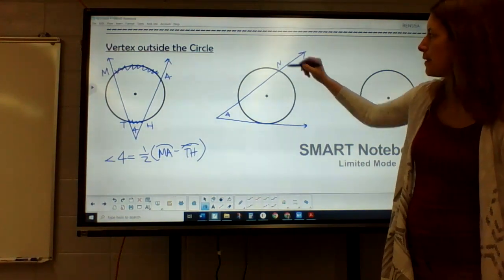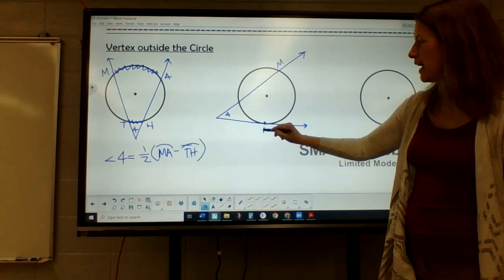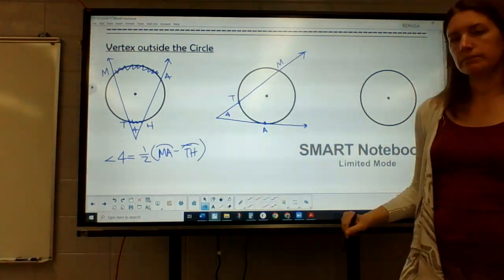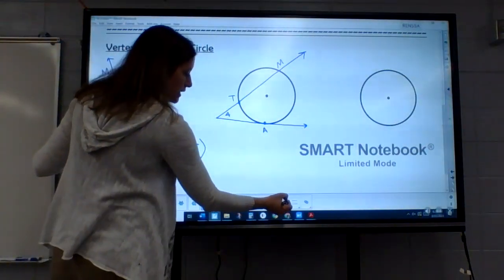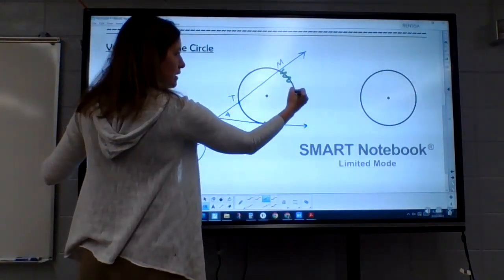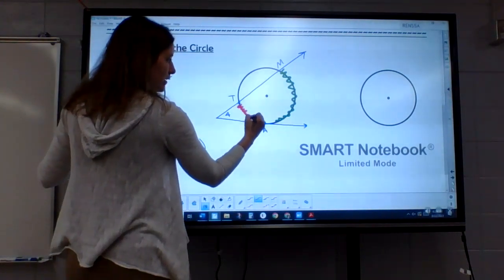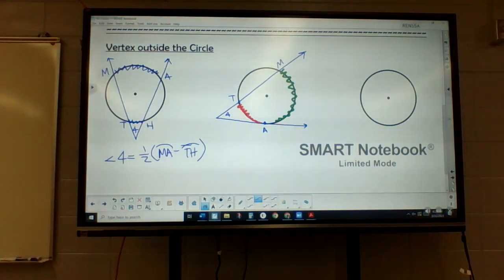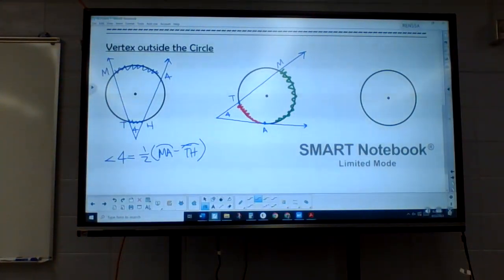Here would be our M. Well, this one's kind of a weird one. This would be like A, and then this would be like T. Math. So in this case, it would be this, and then going here. So we'd subtract those two. I usually think about this as subtracting the big arc minus the little arc.